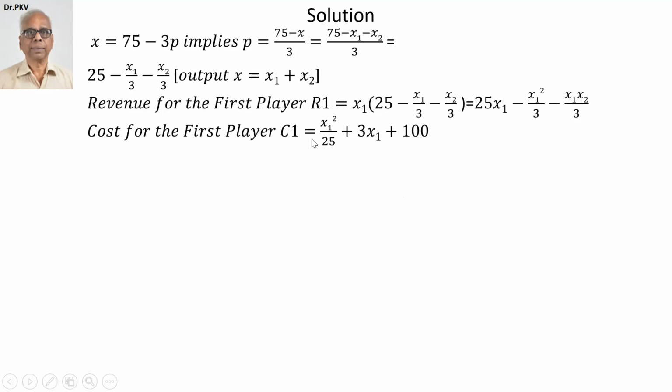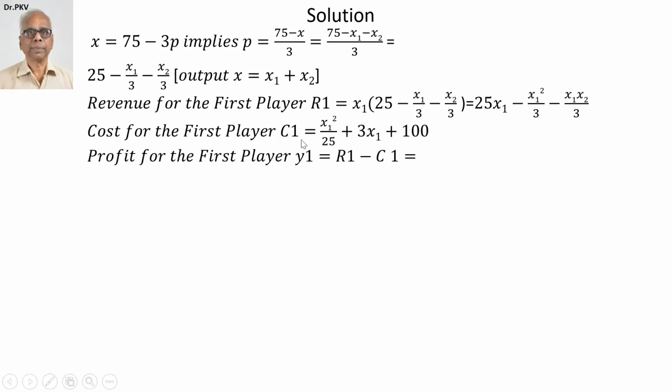Cost for the first player, C1, because the cost is given in the previous slide and identical, we put X1 squared divided by 25 plus 3X1 plus 100. This will be the cost of producing X1 sets for the first player.